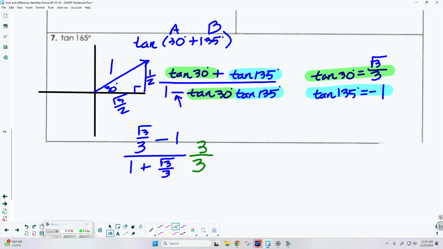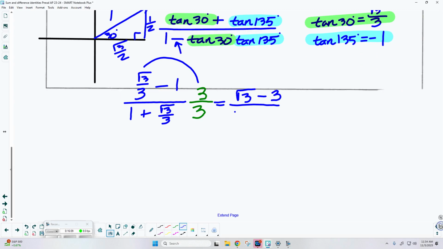But when I distribute, okay, 3 times that quotient, the 3's are going to cancel, so there's square root of 3 minus 3. Okay, what would the bottom be? There you go. 3 plus the square root of 3.